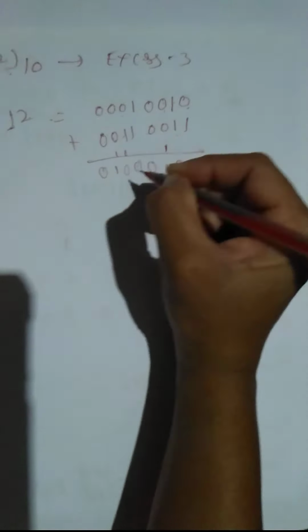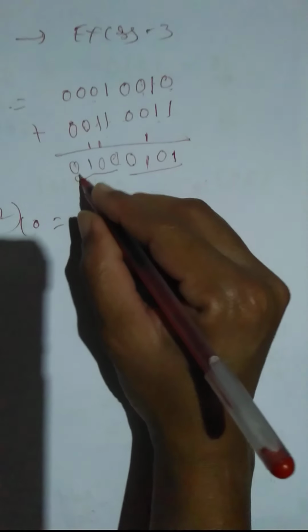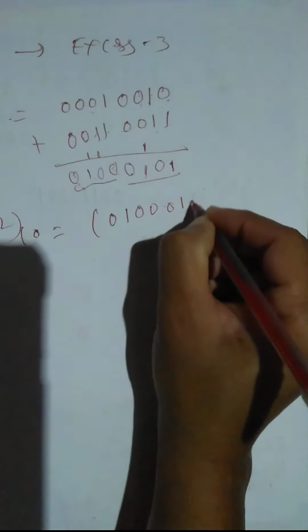So the XS3 code for 12 is 0100 0101. In every digit we add the number 3.